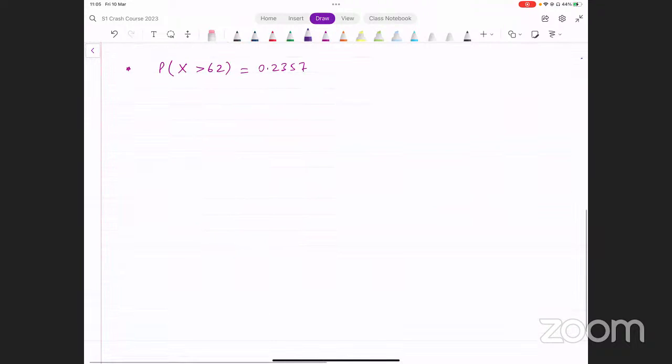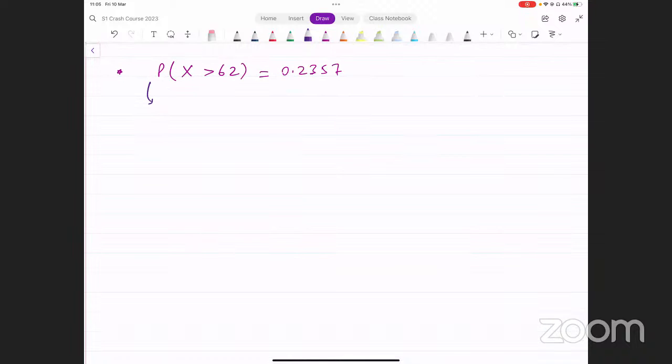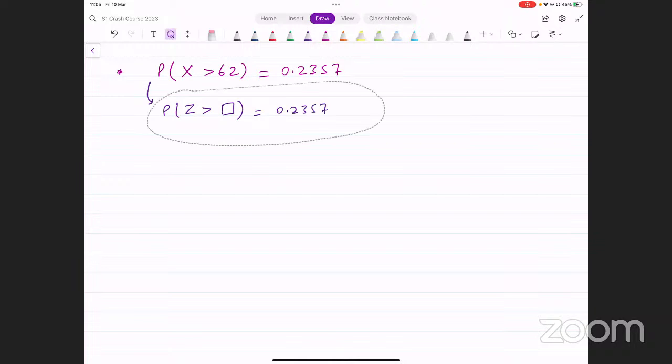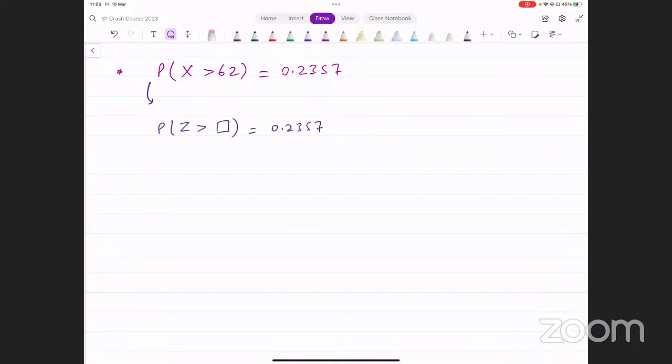First of all, we do the same thing that we did before. We convert it to something in terms of Z. So instead of X greater than 62, we say it's Z greater than some value, which we have to figure out, that is equal to 0.2357. So we first convert it like this, just replacing X with Z. On the right side, you have this box that represents that you could have any number here.